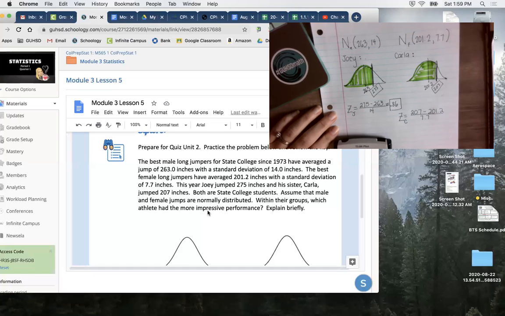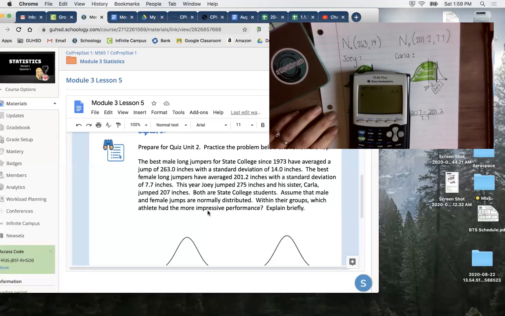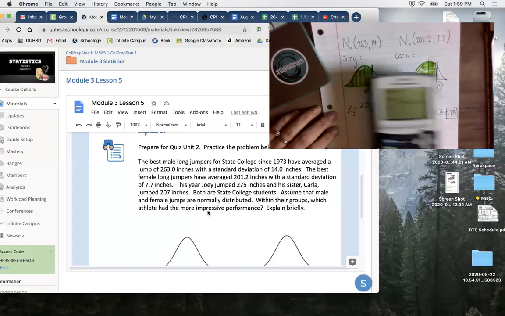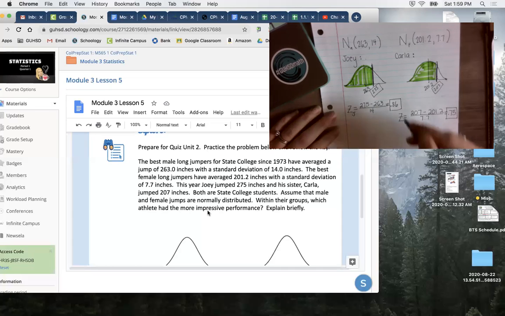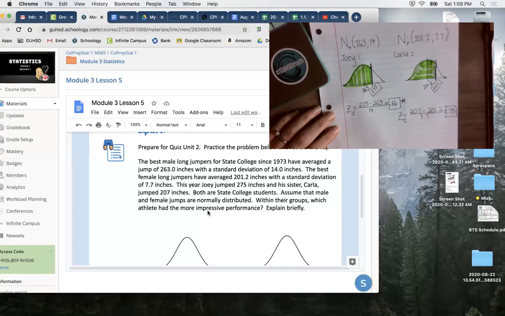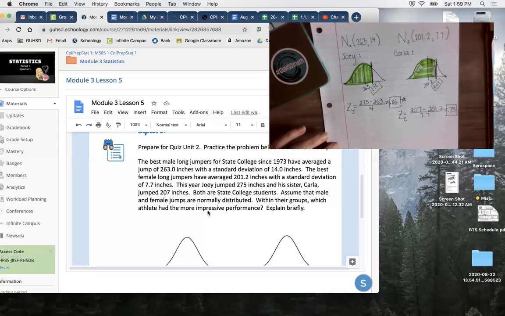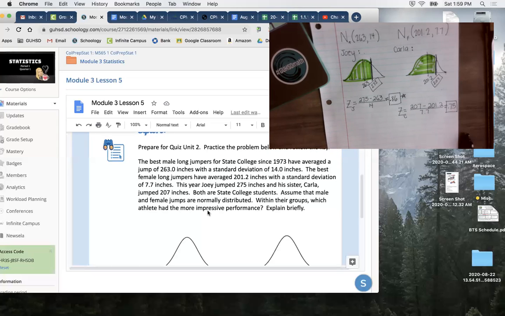So I take 207 minus 201.2, I hit enter, very important, and then I'm going to divide by 7.7, and she is at 0.75. What that means is that her brother outperformed her. He had a higher z-score, so he jumped further from the mean, which means that he did better.